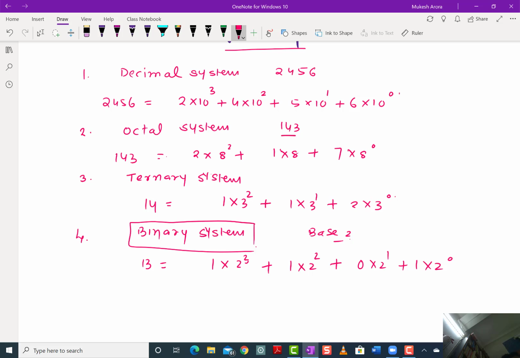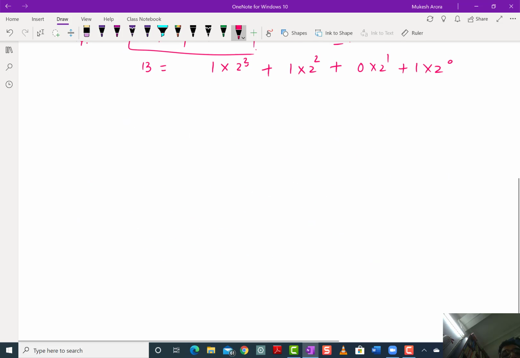So now let's do one sum of the binary system where we should be able to understand how it goes. The first is how to write a number in binary.